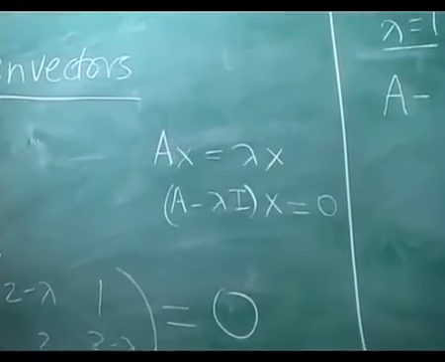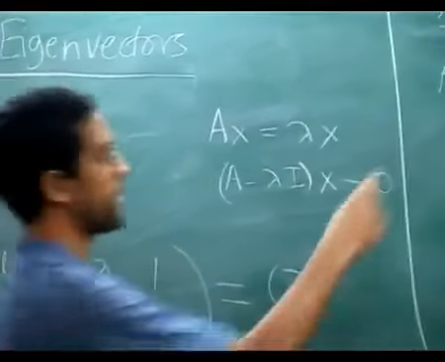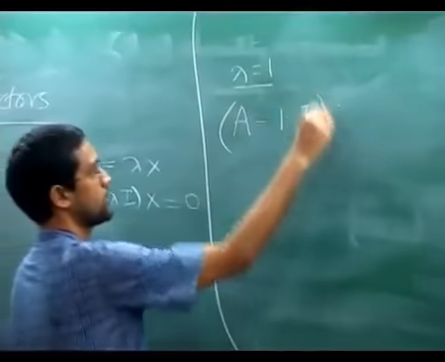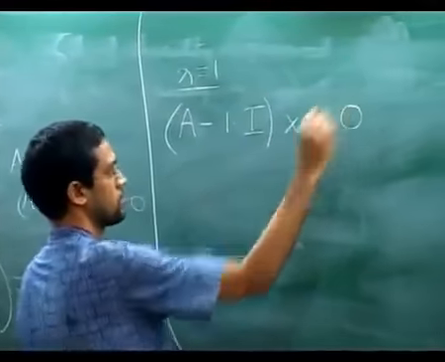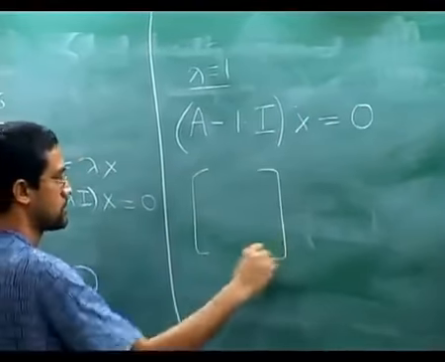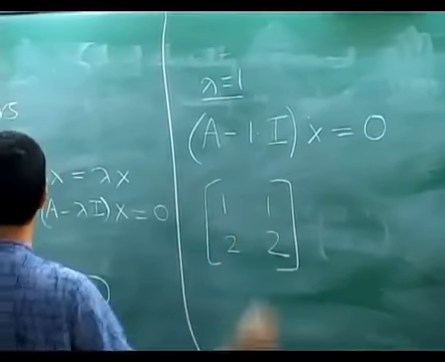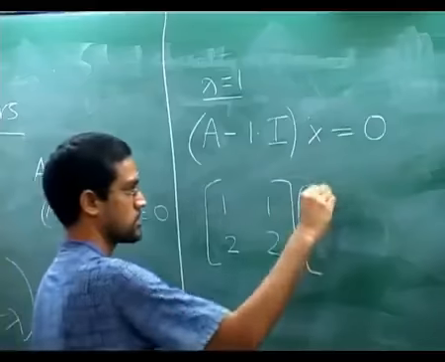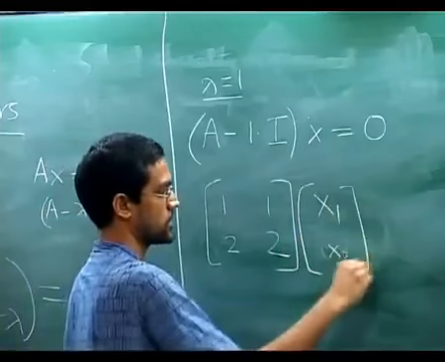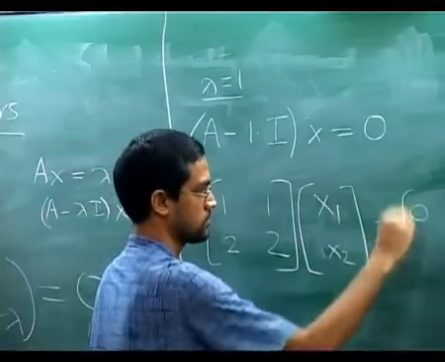So let's solve this equation. We have A minus 1 times identity times x is 0. So let's plug in 1. We have 2 minus 1 times x. Let's call x as x1, x2, is 0.